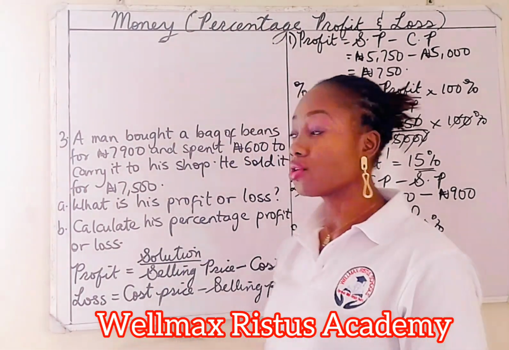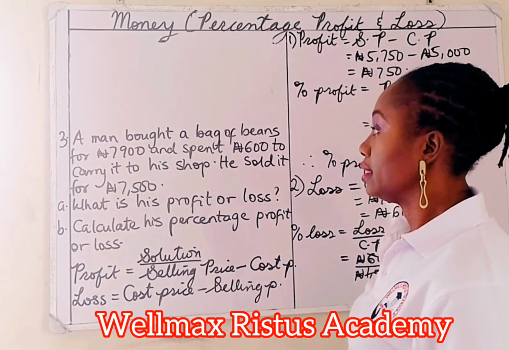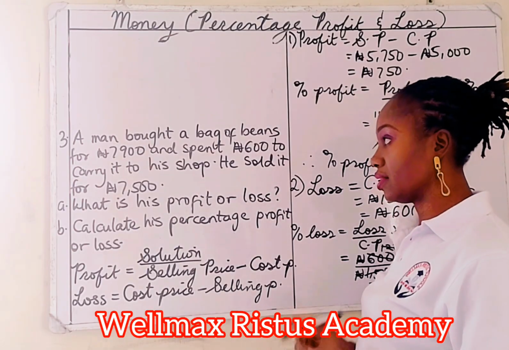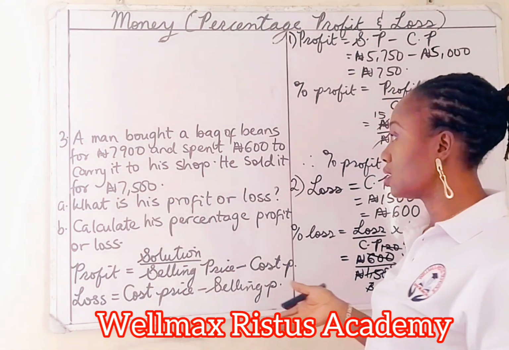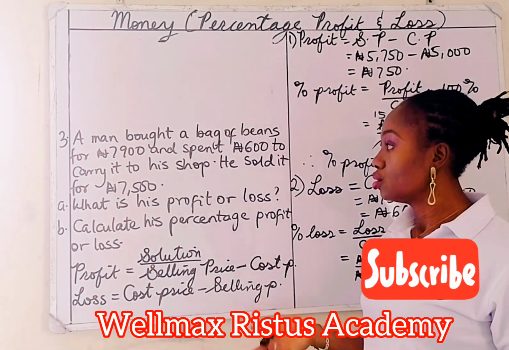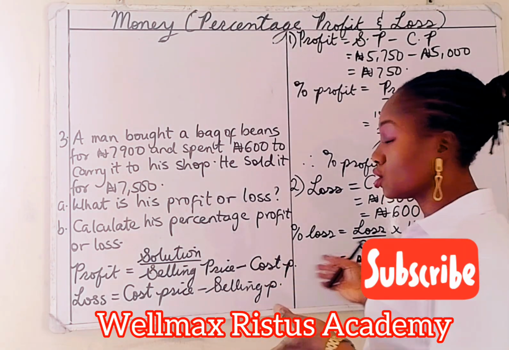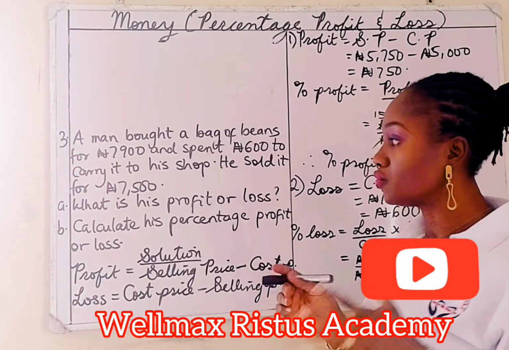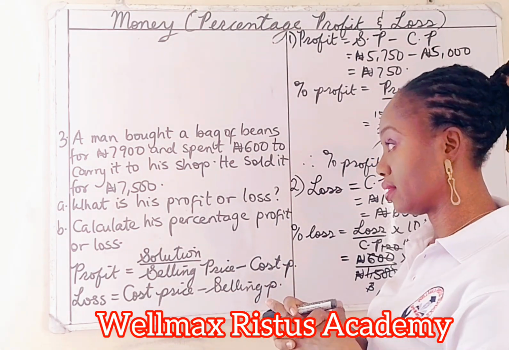Now for question 3, it says a man bought a bag of beans for 7,900 naira and spent 600 naira to carry it to his shop. Then he sold it for 7,500 naira.